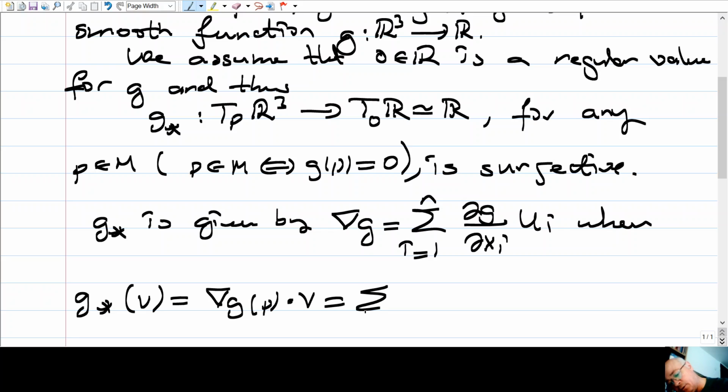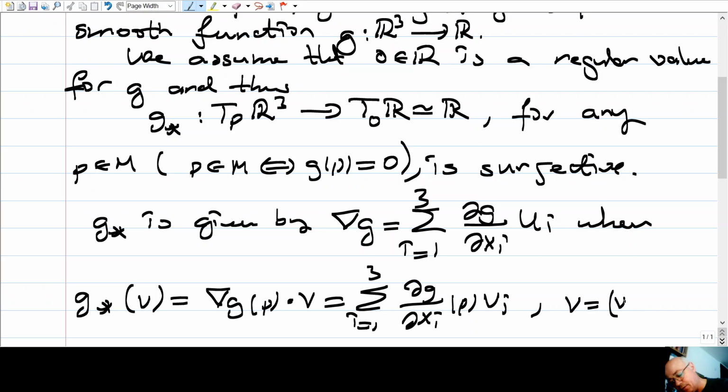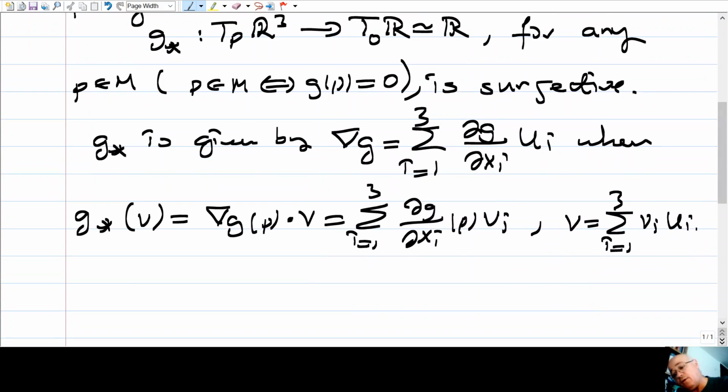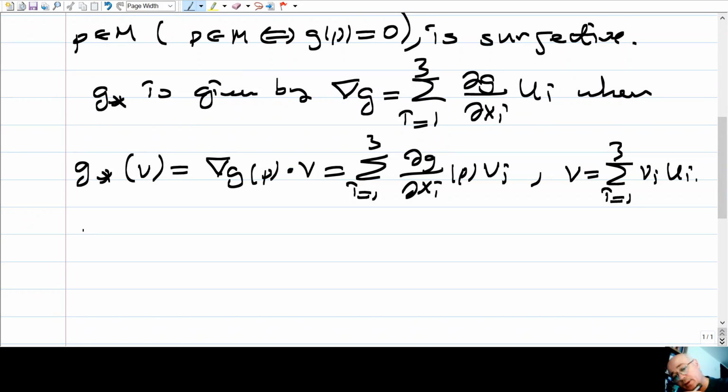So it is just the sum over i from 1 to 3 of del g del xi at P times vi, where v is the vector v1, v2, v3. Well, this map is onto means the gradient is never 0, right? So this shouldn't be 0.